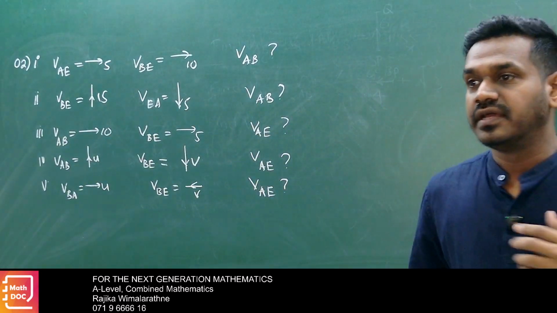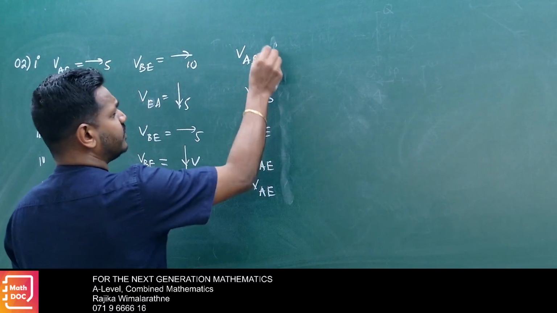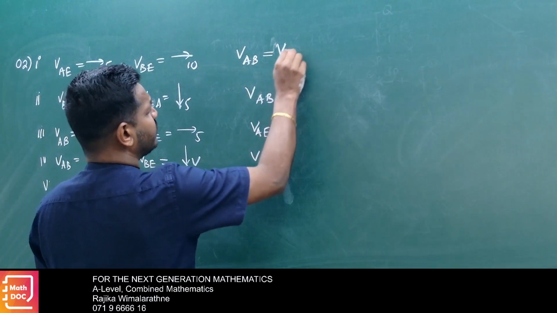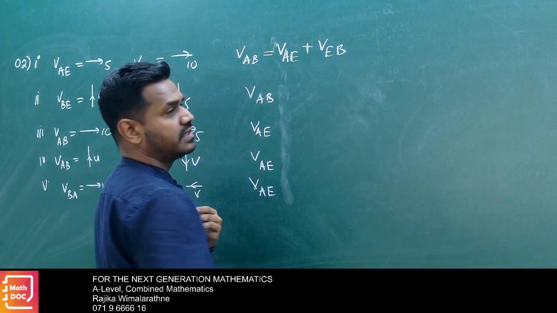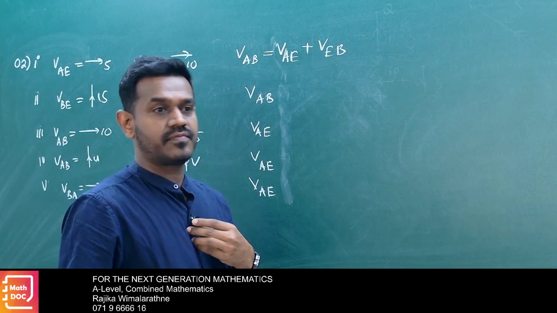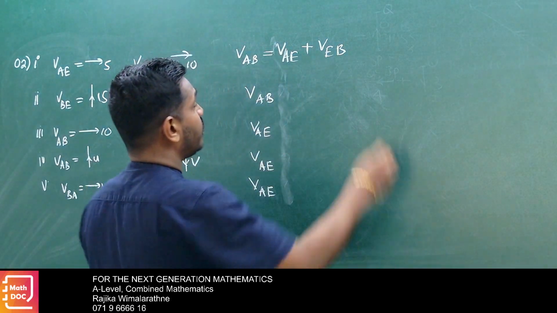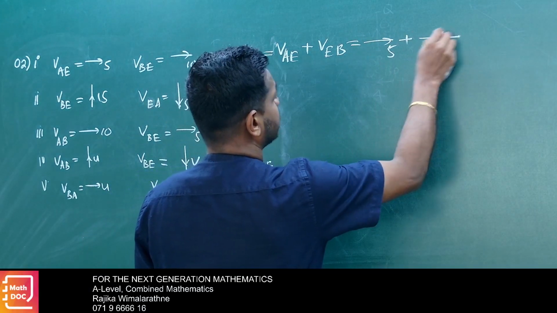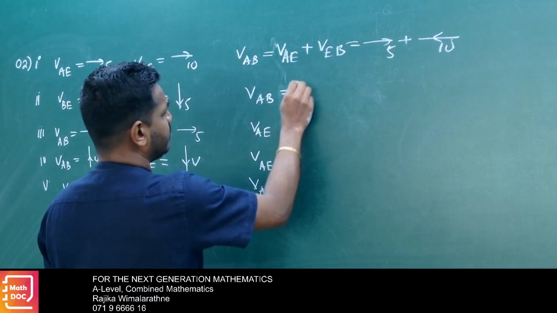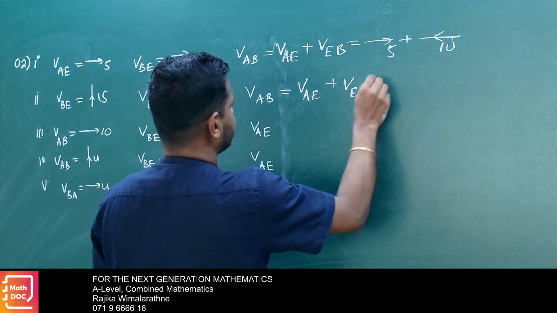Okay, here check your answers. VAB, VAE, VEB. Check your answers. Okay, AE 5, 10. VAE, VEB.